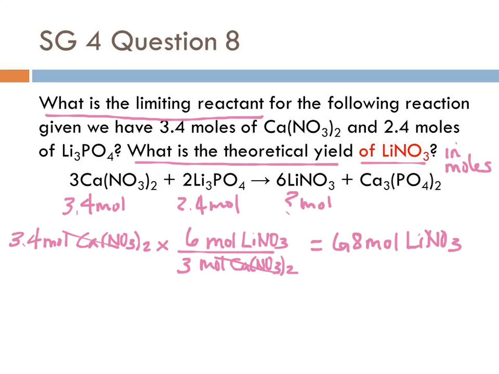But we're not done yet, because that's assuming there's plenty of the other reactant, and there's not necessarily. We have a finite amount. So now we do our other equation, 2.4 moles of lithium phosphate.